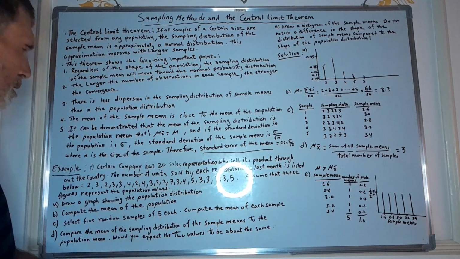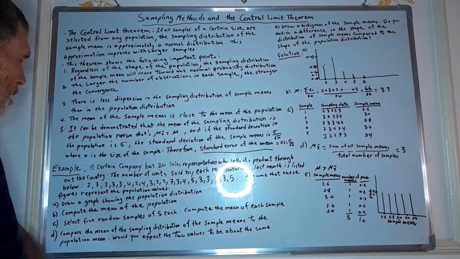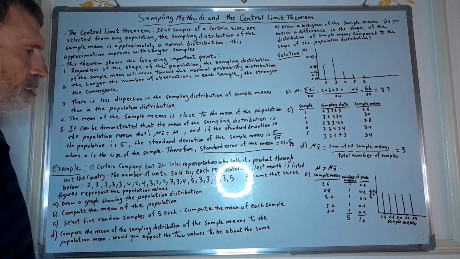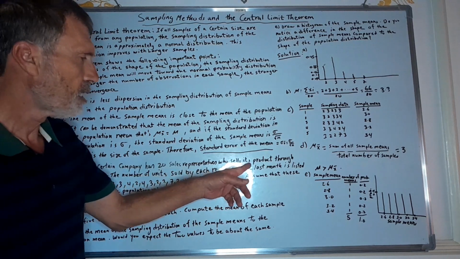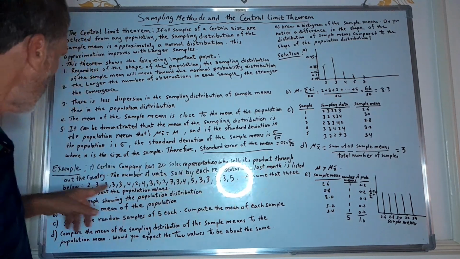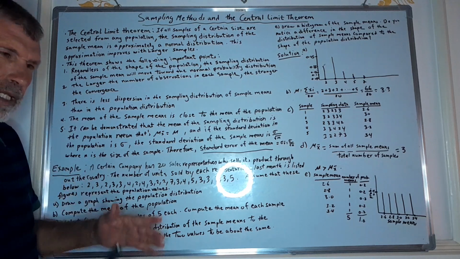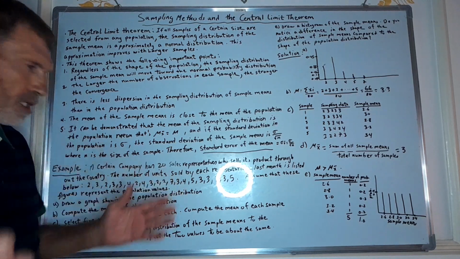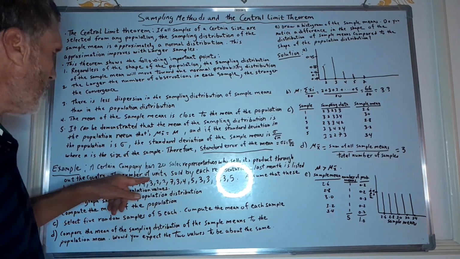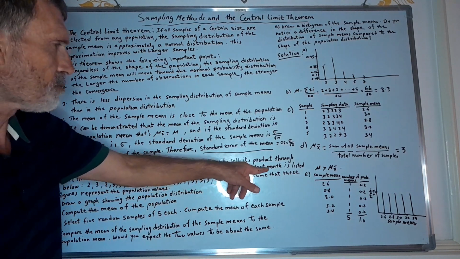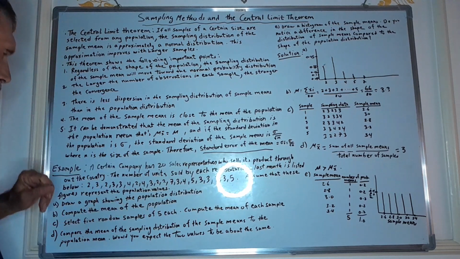Now, let's talk about this example here. A certain company has 20 sales representatives who sell its product throughout the country. The number of units sold by each representative last month is listed below.